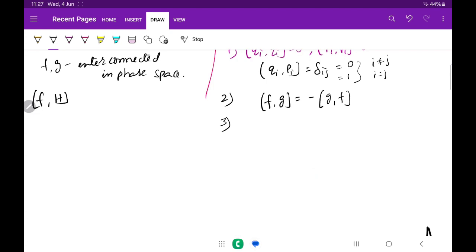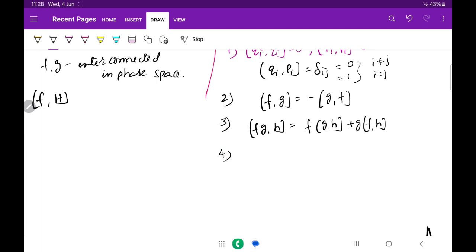The other thing is the Leibniz rule: [fg, h] equals f[g, h] plus g[f, h]. Here we have three functions f, g and h. In that case we can write the Poisson bracket as a product rule. So the Poisson bracket acts like a derivative when applied to products.